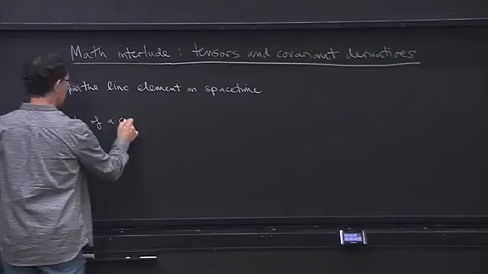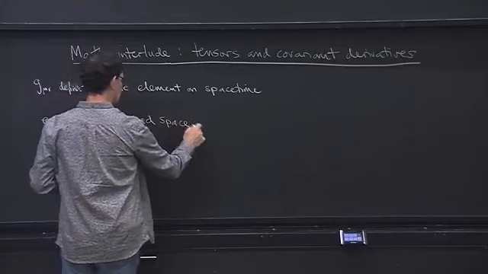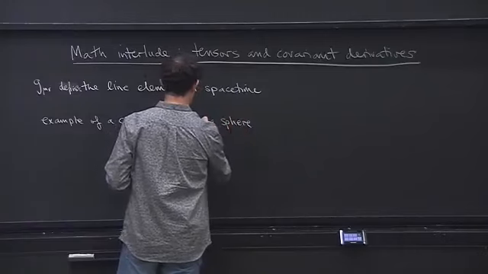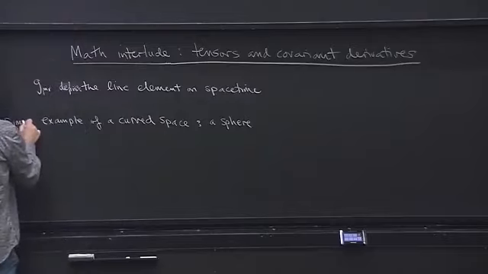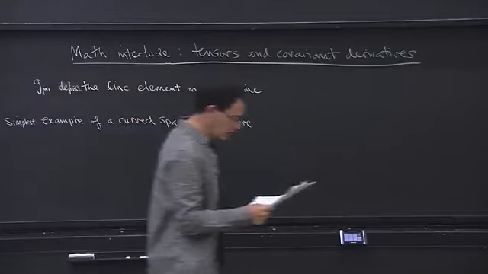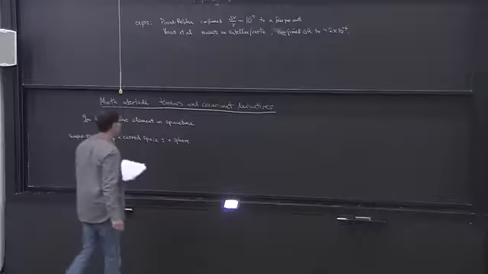Example of a curved space, a sphere. So this is maybe the simplest example of a curved space. And we'll see the various issues that arise when describing the sphere with a metric.